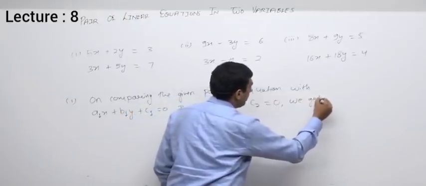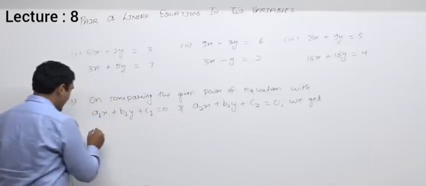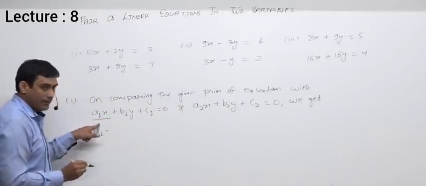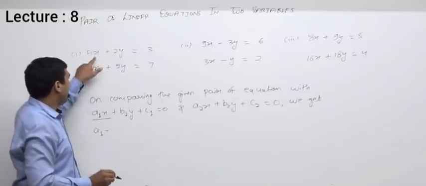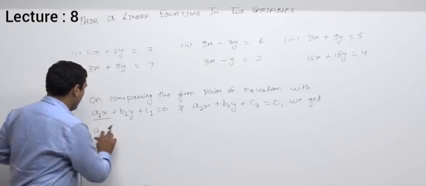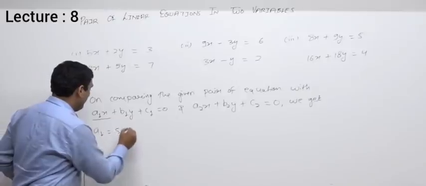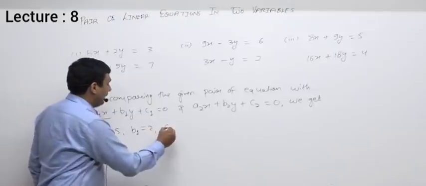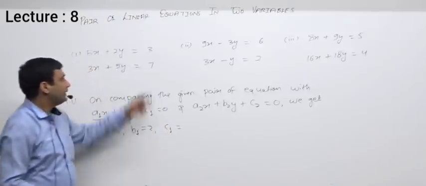Now we will get the values of a1, b1, c1. So we get a1 is equal to, now see here, the coefficient of x is a1 over here and the coefficient of x is 5 over here. So we'll say a1 is equal to 5. Similarly, b1 is equal to 2 and c1, what should I write, 3 or minus 3?